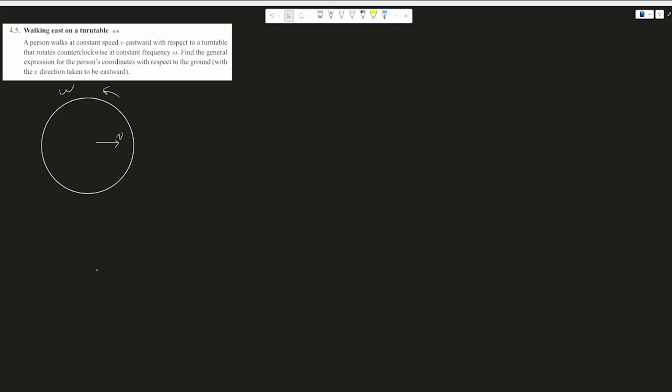So let me draw a bigger version here. Imagine this is the turntable and the center is here. And let's say the person is here. What are the velocities?